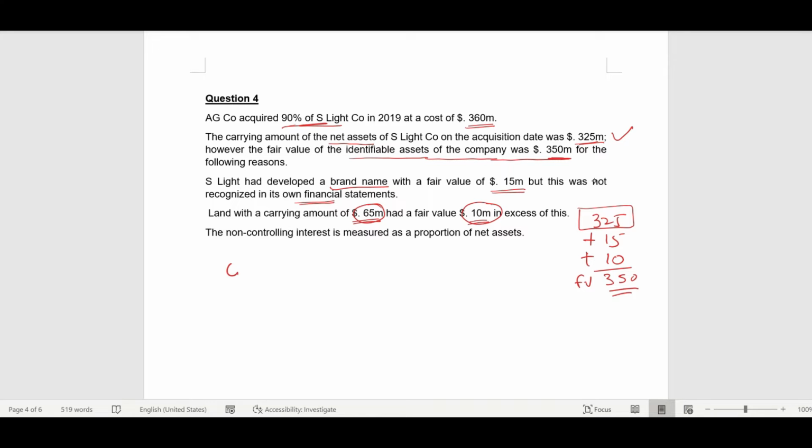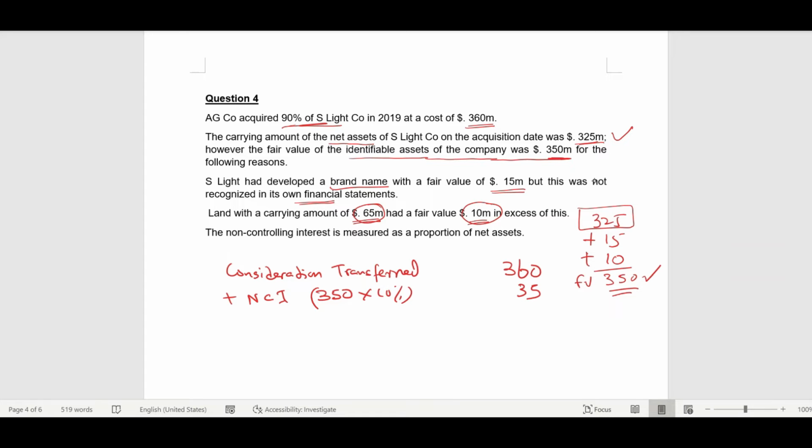Now let's calculate the consideration transferred. How much was transferred? 360 million was transferred. Then the non-controlling interest of 10%, we need to calculate on the fair value of the identifiable net assets. On that, 10% will be how much? 35 million.